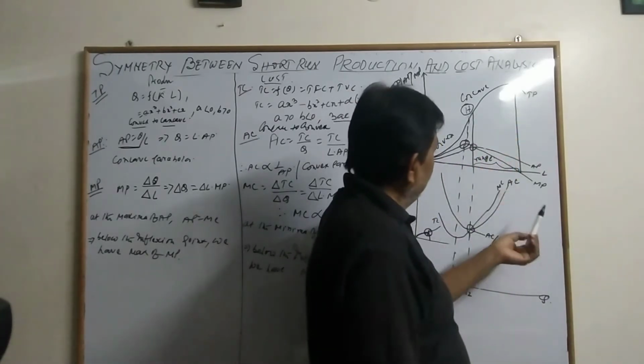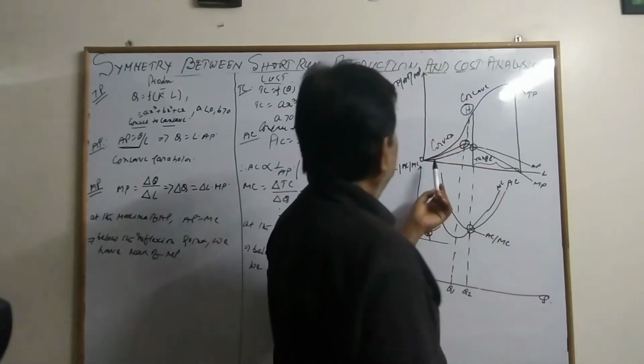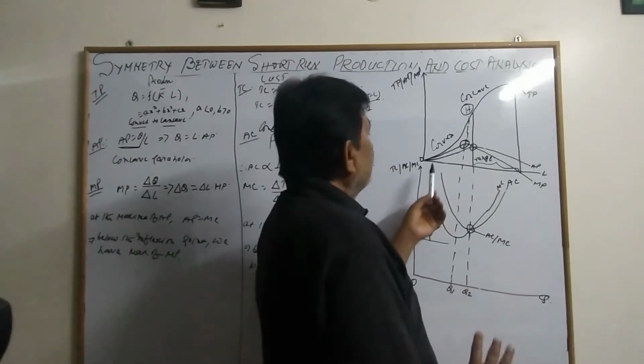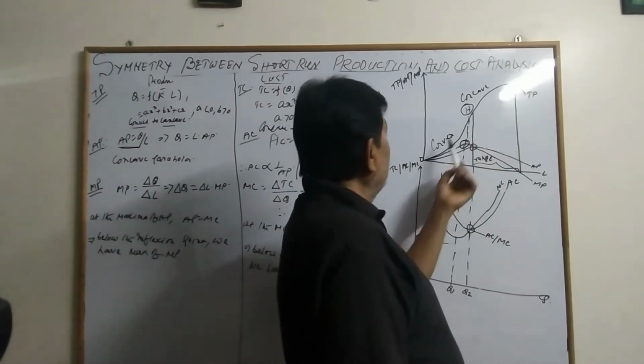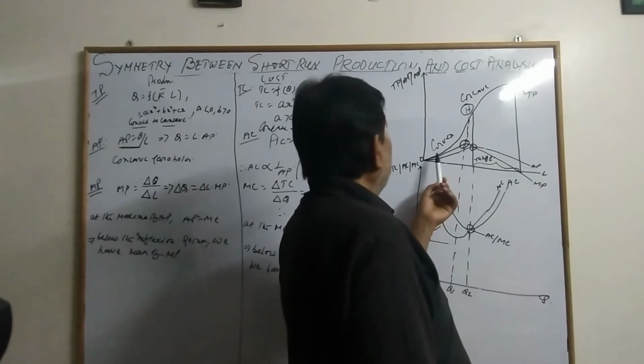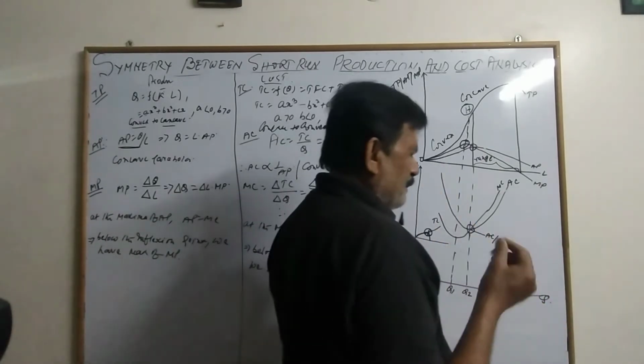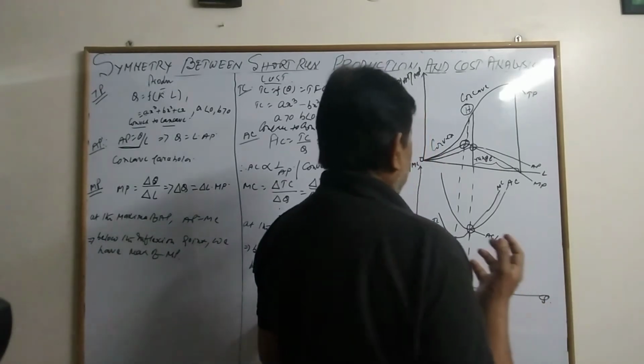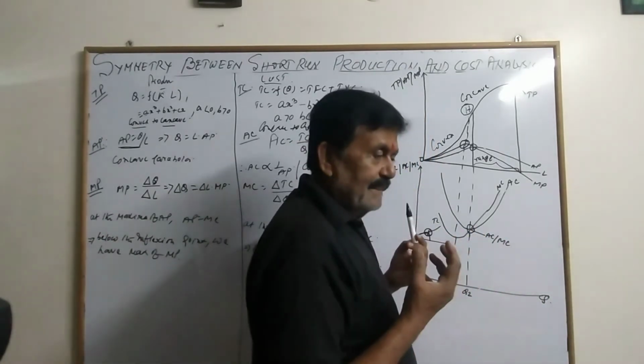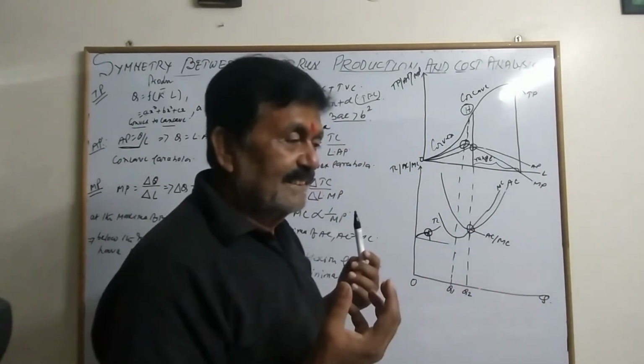Now see what is happening in the cost case. In production we don't have any constant term, meaning that even if there is no production, some return is coming; this doesn't happen.